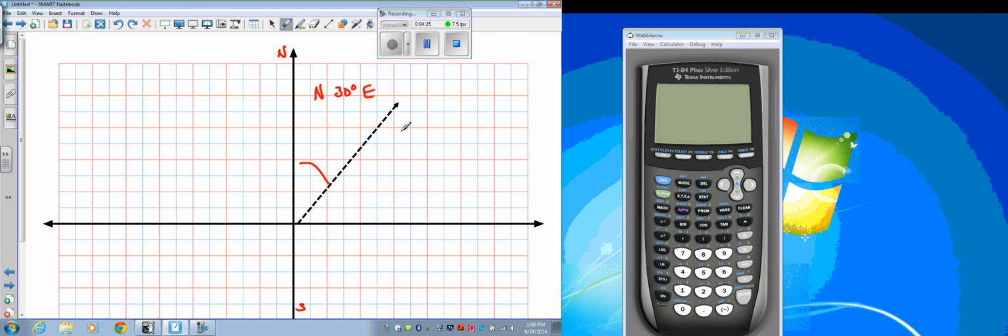If your angle was down here, if this was a 5 degree angle here, you wouldn't say north 95 degrees east, you would say south 85 degrees east. And you'd measure it this way. So it's always in terms of north-south, and then you say east or west.